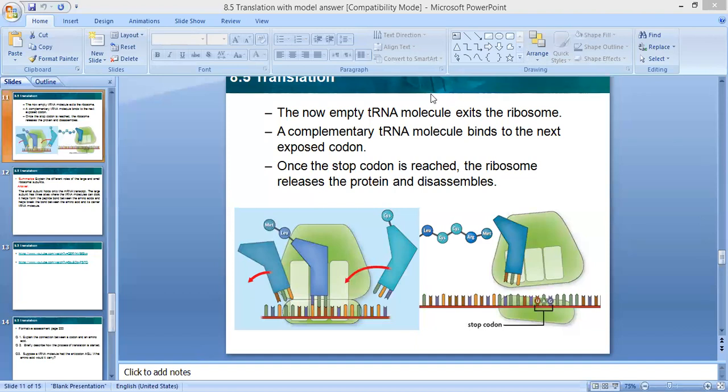Small, it binds to the mRNA. Exactly, it binds to the mRNA. And the large one, Murad? The large one helps in forming the polypeptide bonds between the amino acids. Bravo, thank you.